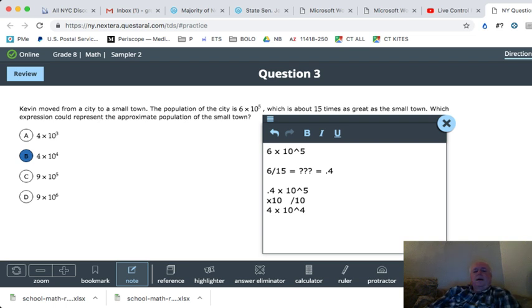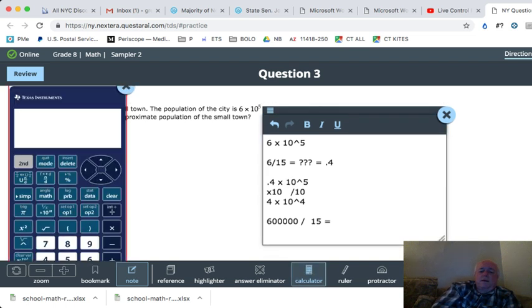Yes, okay. Again, we could use longhand to do this. So 10 to the 5th means 1 with 5 zeros. 1, 2, 3, 4, 5. That gives us 6 followed by those zeros. And if we divided that by 15, okay, bring up the calculator. I'm just trying to do this without exponents right now.